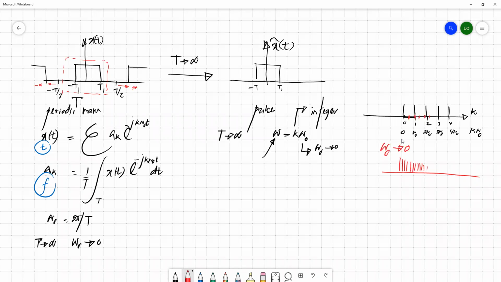Initially we have this much of a gap between 0, omega naught and 2 omega naught, because this gap represents omega naught. Once you let omega naught be 0, the gap between consecutive samples becomes smaller and smaller. Ultimately, once your period goes to infinity, your omega naught reaches 0. Then this omega becomes a continuous variable.